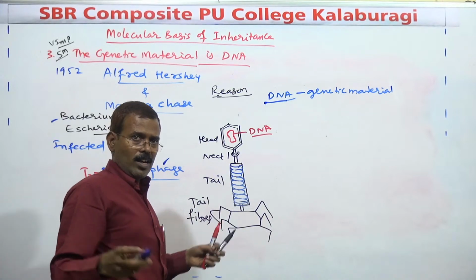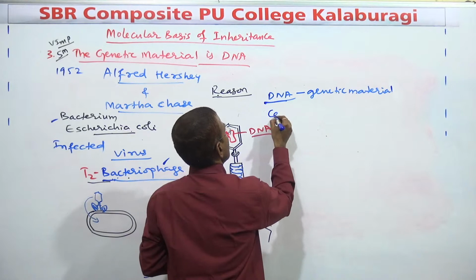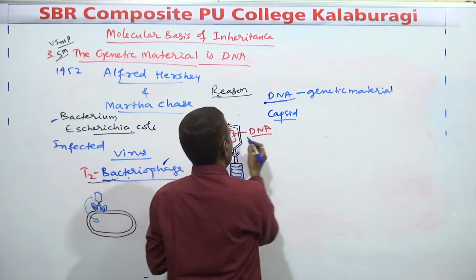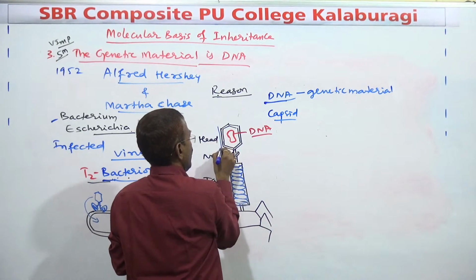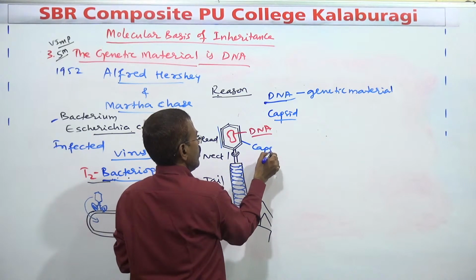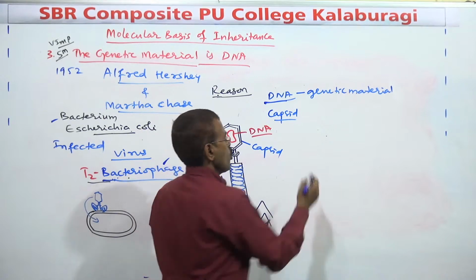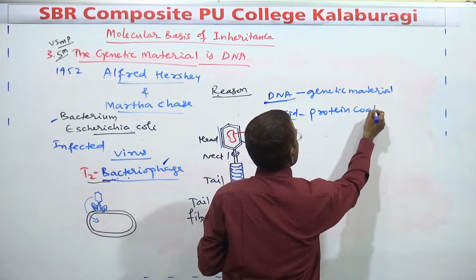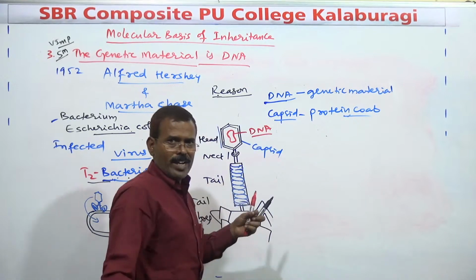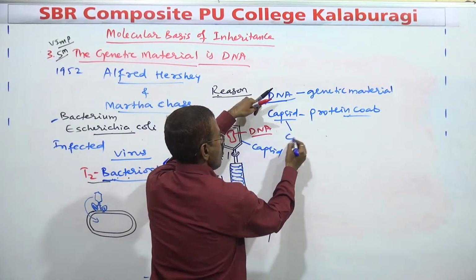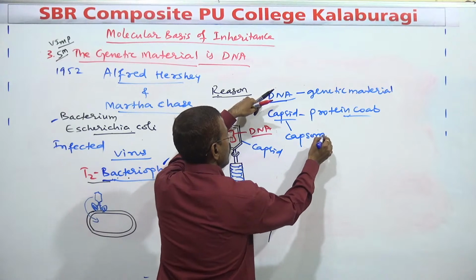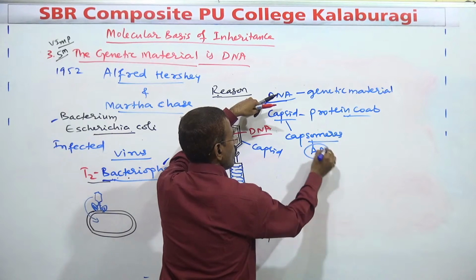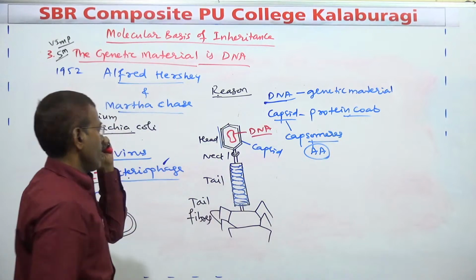Then what is the other component? Capsid. Capsid is nothing but this whole head. Capsid is nothing but the protein coat. The protein coat capsid is made up of capsomeres. Capsomeres are made up of amino acids.